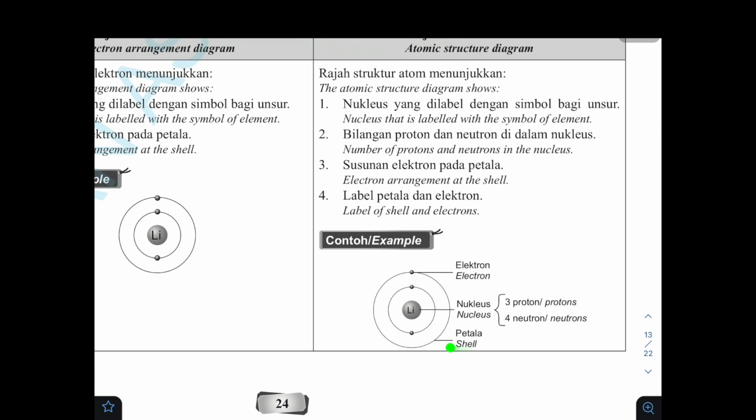Kemudian labelkan shell dia. Labelkan elektron. Itu macam mana kita nak buat atomic structure diagram. Sama saja, cumanya kamu kena labelkan. Ini elektron, yang mana nukleus, kemudian dekat nukleus tu kena tulis berapa banyak proton, berapa banyak neutron ya. Tulis di mana shell.